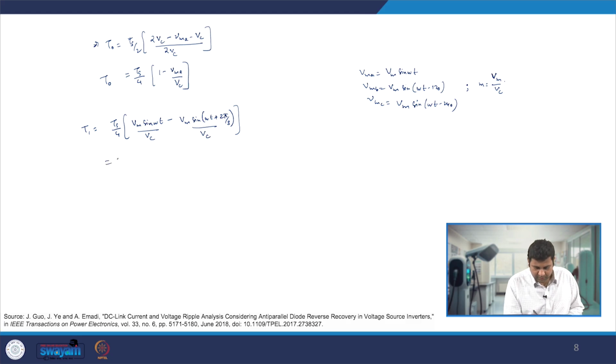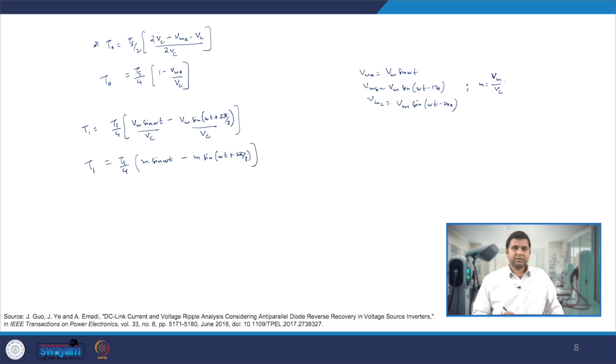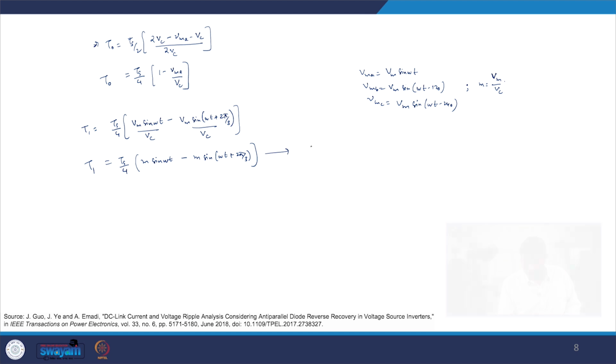This will be nothing but Ts by 4 times m sin omega t minus m sin omega t plus 2 pi by 3. This is nothing but your T1. Define this as 4 and this as 5.